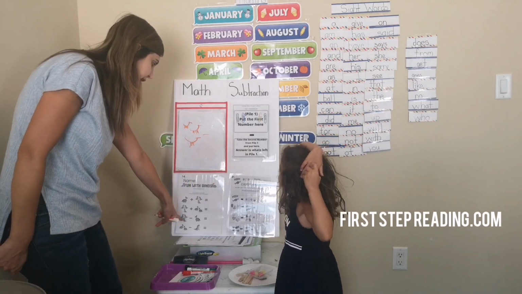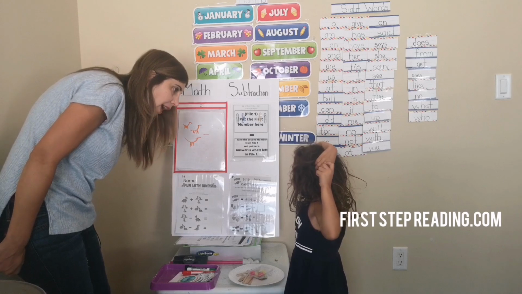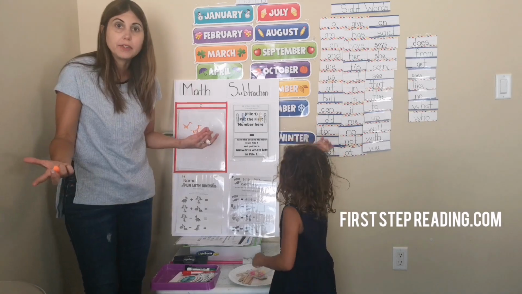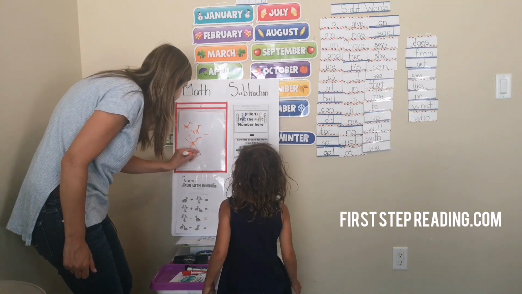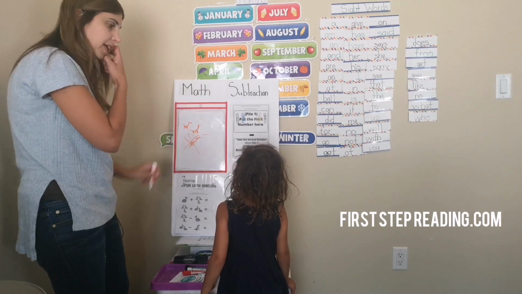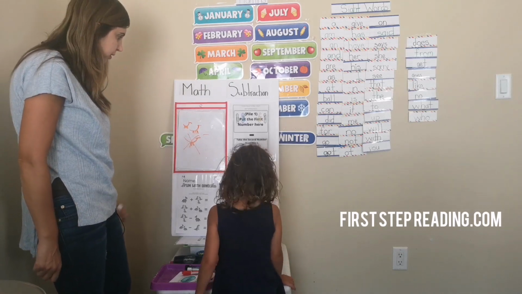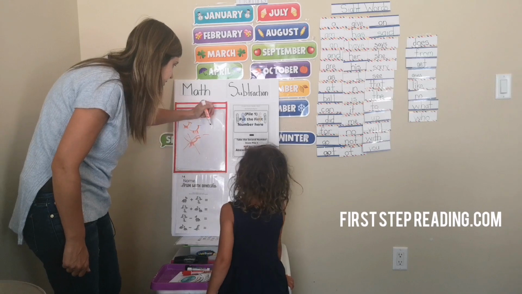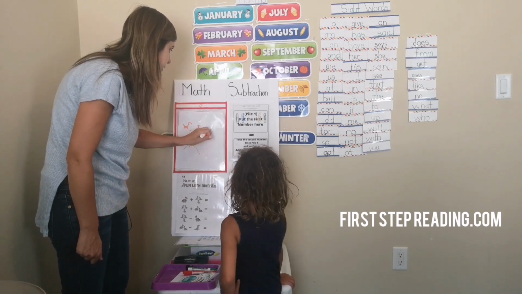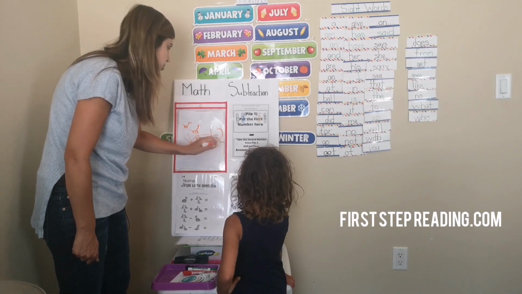So we have 3 dinosaurs and 1 goes away. 1 leaves. So I can cross him off. How many are left? 2. So my answer is, so 3 minus 1 dinosaur is 2.